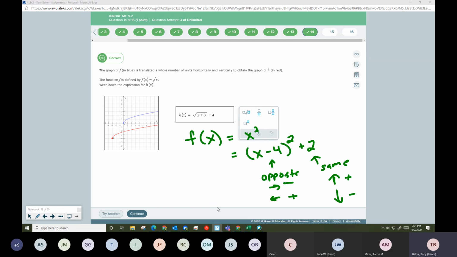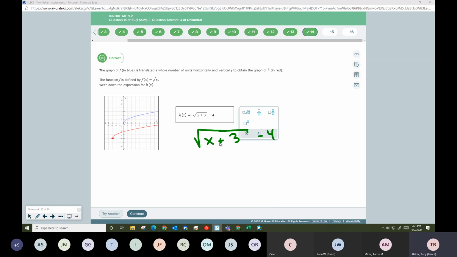So left is positive. So that's where that +3 comes from. And since it's to the x, it's on the inside with the x. And then I'm going down 4, so that's on the outside, and that's the -4. That makes sense? Yeah. Okay.